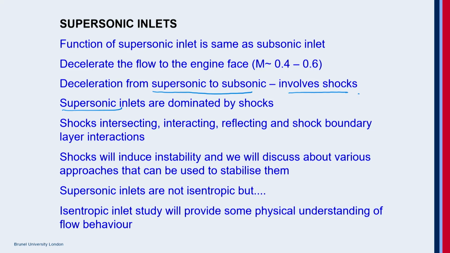Supersonic inlets are dominated by shocks. And when you talk about shocks, shock interaction, reflection and shock boundary layer interactions are very important for supersonic applications, especially with the inlets and nozzles. The shocks will induce instability, and we'll discuss various approaches that can be used to stabilize them.